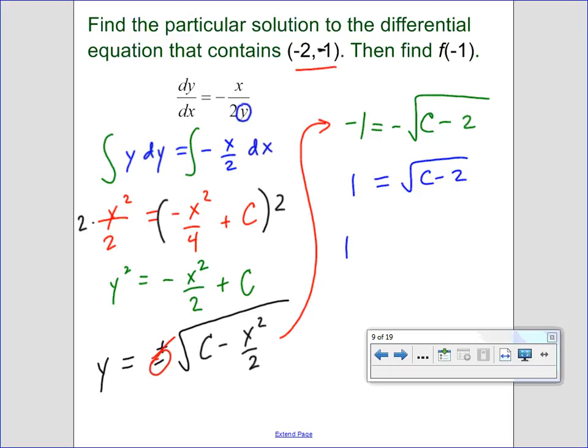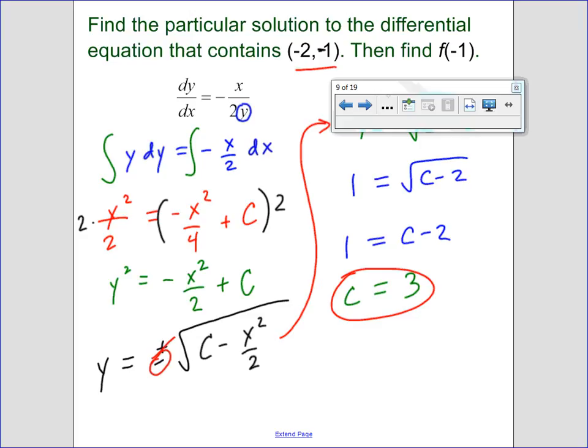Squaring both sides produces 1 equals c minus 2. So I'm getting c equals 3. Are you guys doing that? C equals 3. It's pretty long, you know? Which means that my particular solution, y, is given by the opposite of square root of 3 minus x squared over 2.